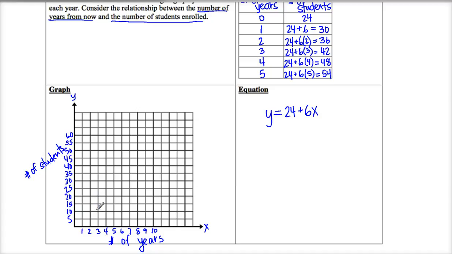Okay, last we need to plot the points. So this is our first point, 0, 24. So 0, 24 would be about right there. We're just guesstimating.